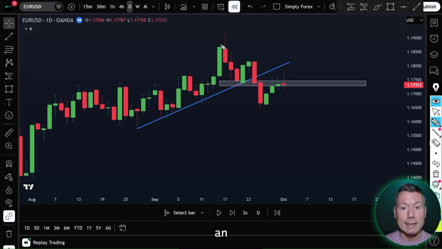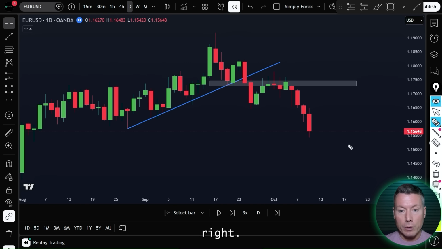And again, you still have a trading opportunity here, right? You are in this downtrend. You've still got all of this room potentially back down to these lows over here, right? We still like sells, but each time you look at the chart, ask yourself, am I trading from value?